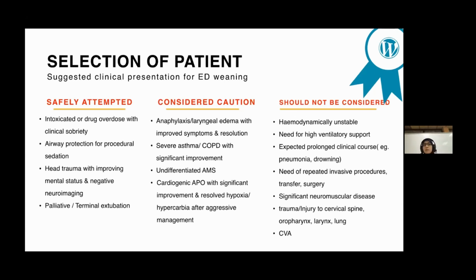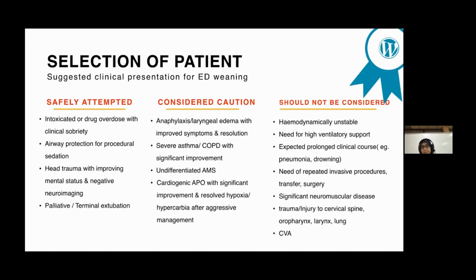Those who should not be considered for extubation in ED are patients who are hemodynamically unstable on multiple infusions or high-dose inotropic support, or who require high ventilatory support, or those patients who are expected to have a prolonged clinical course, for example patients with pneumonia or drowning.